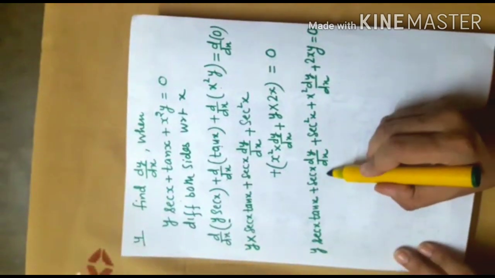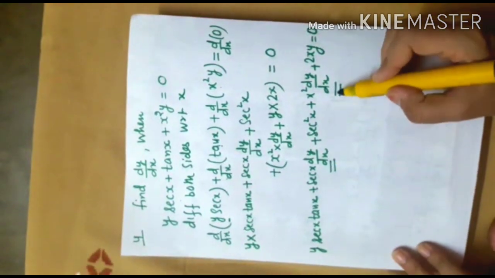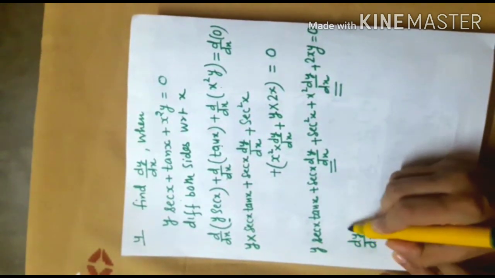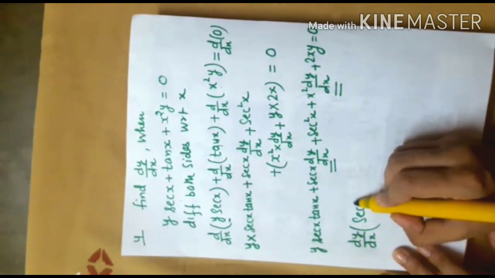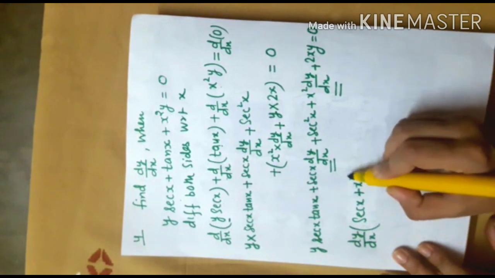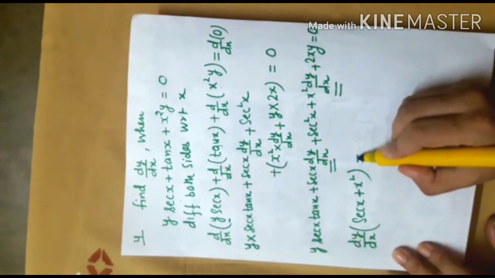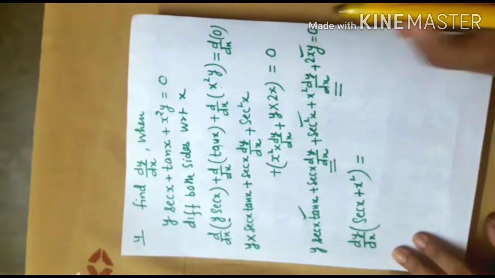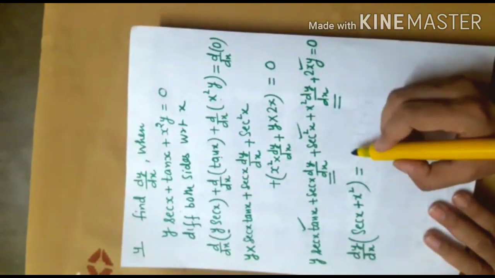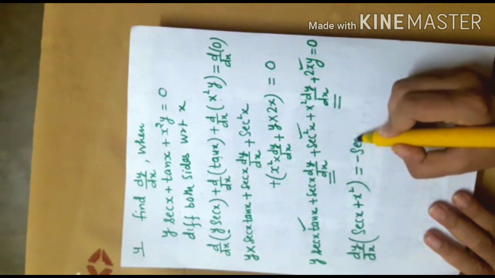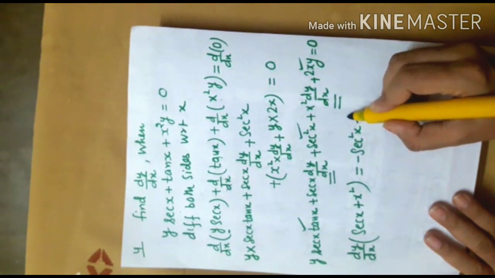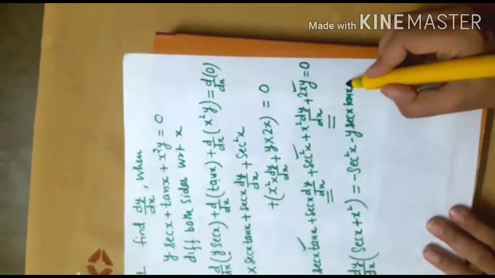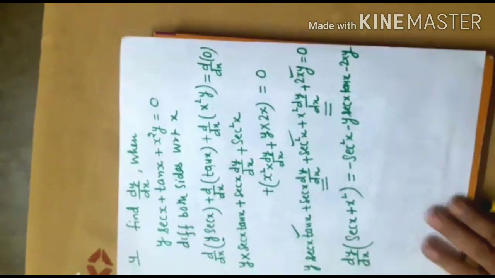So from these two I take dy by dx common, so it's (secant x plus x square) equals, I transpose the other terms to the right hand side, so it's minus secant square x minus y secant x tan x minus 2xy.